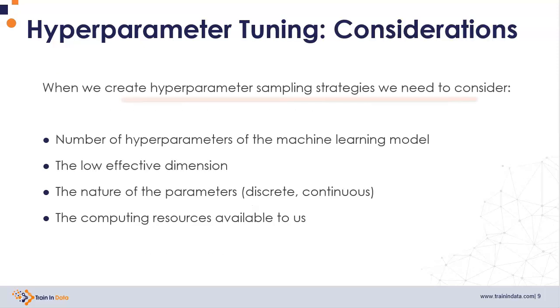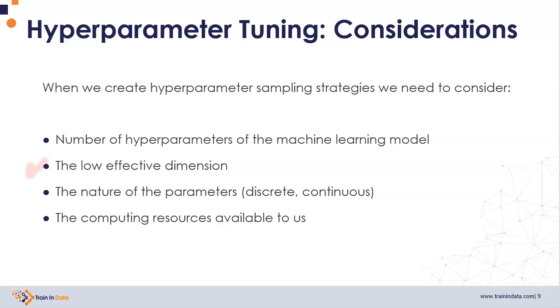So to sum up, when we create hyperparameter sampling strategies, we need to consider the number of hyperparameters that the machine learning model has. The more hyperparameters, the more time my searches will take, because I need to test more combinations.